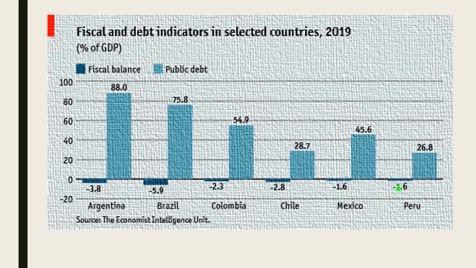You all can see here, it indicates minus 1.6 fiscal balance for Mexico, and Peru also has the same amount of fiscal balance, that is minus 1.6. But Argentina has the highest public debt in comparison to the other countries.